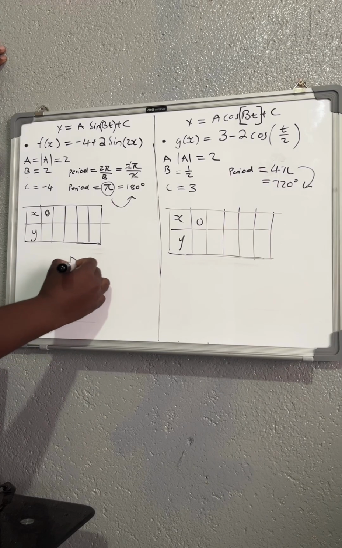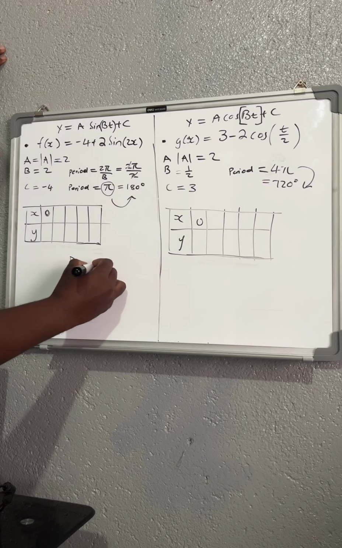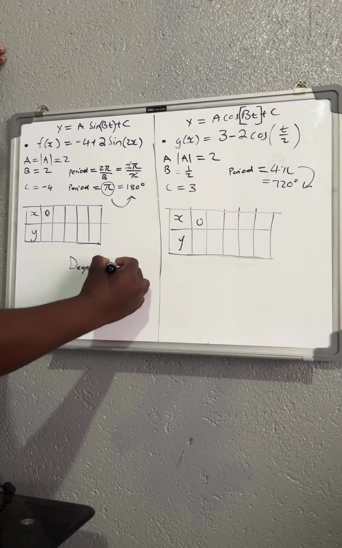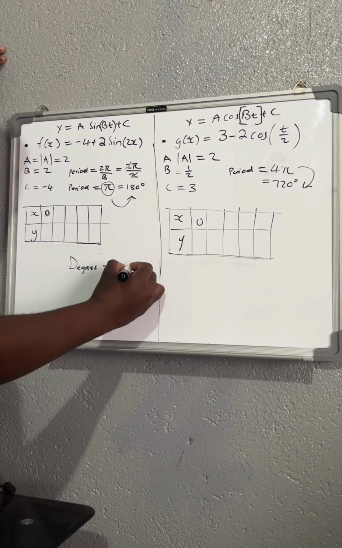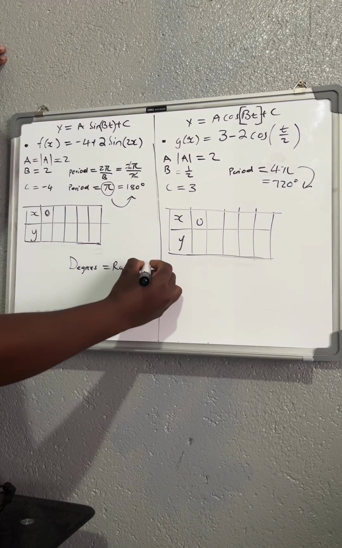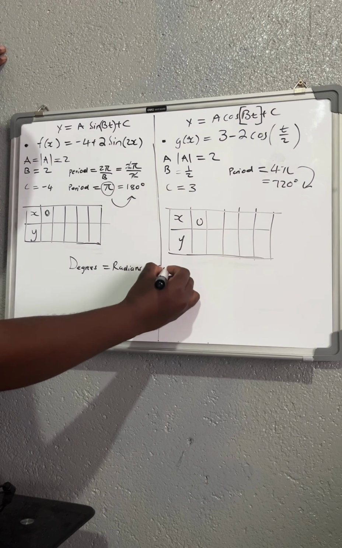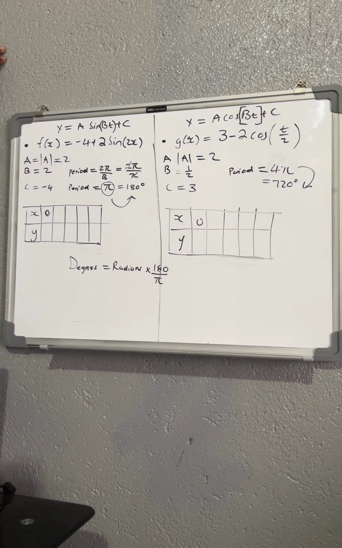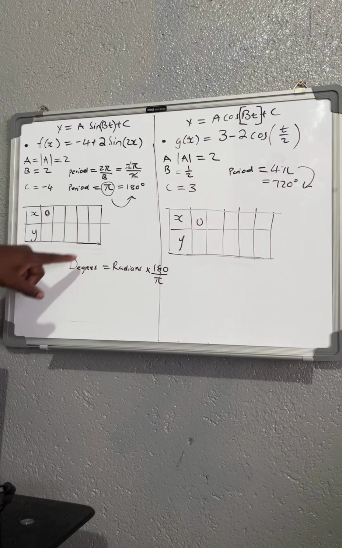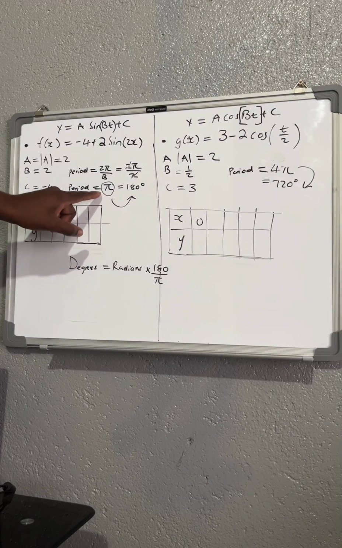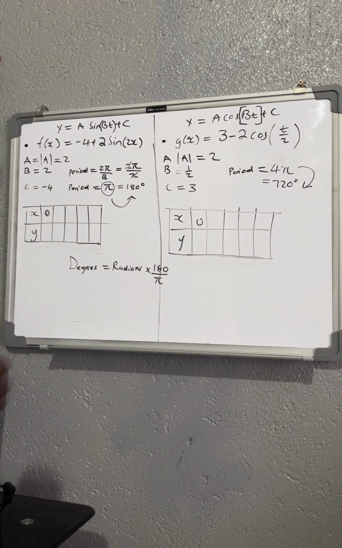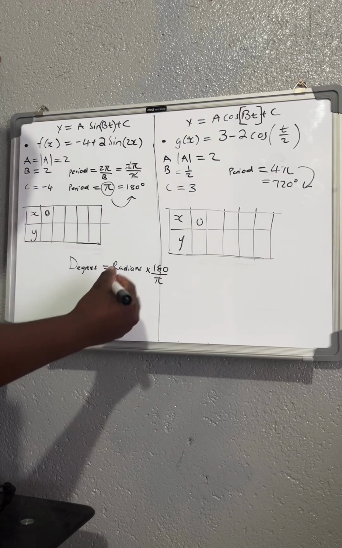If you want to find out, you will say your degrees is equal to your radians multiplied by 180 over pi. So you want to work out what is the degree for pi. Your degree will be the radian, and the radian is pi.